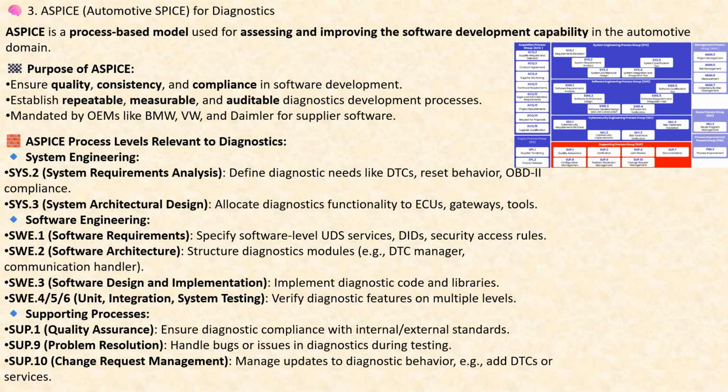Now, ASPICE is a process-based model. Understand the difference between the V model and ASPICE very thoroughly. ASPICE is a process-based model for assessing and improving software development capability in the automotive domain. The purpose of ASPICE is to ensure quality, consistency, and compliance in software development, and to establish a repeatable, measurable, and auditable diagnostics development process.